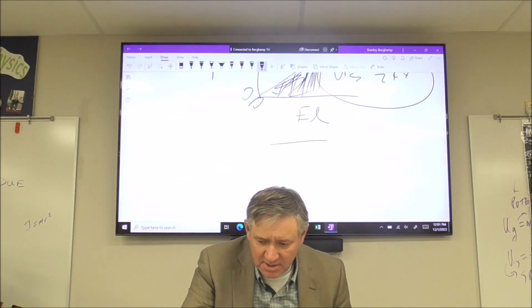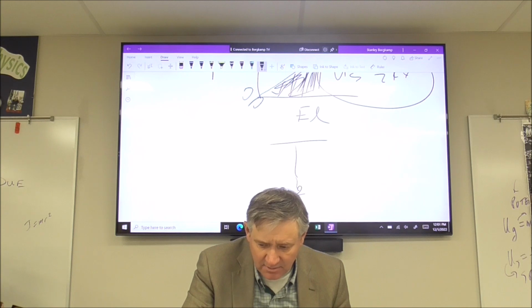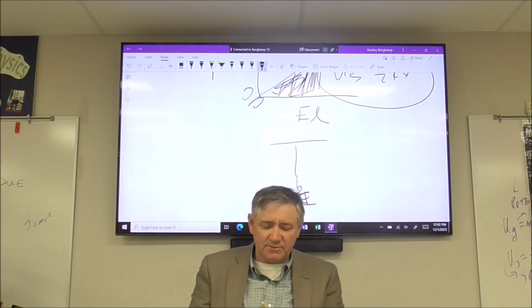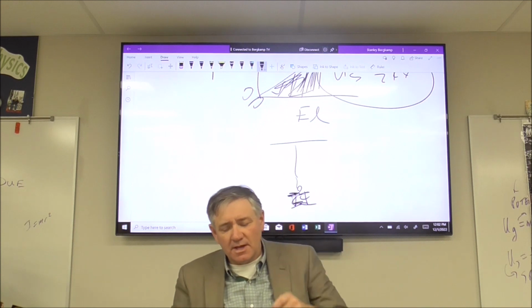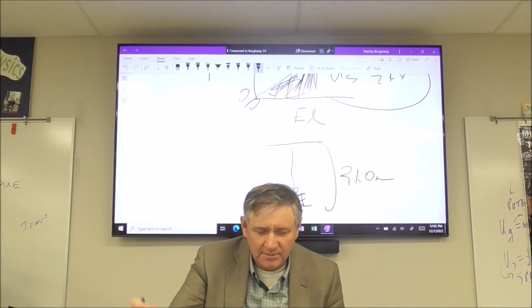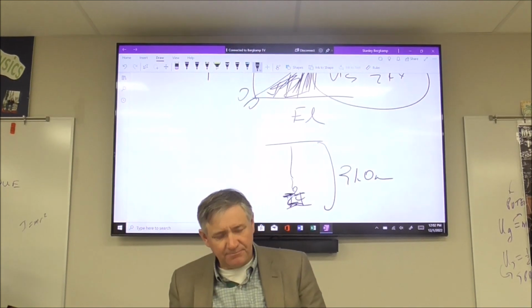So imagine you're down here and that bungee cord is stretched as far as it's going to go, and you're SpongeBob. Let's go with the SpongeBob theme. So there's SpongeBob at the end of the bungee cord, and he ends up 31 meters below the bridge deck.